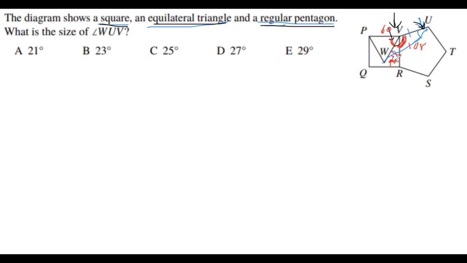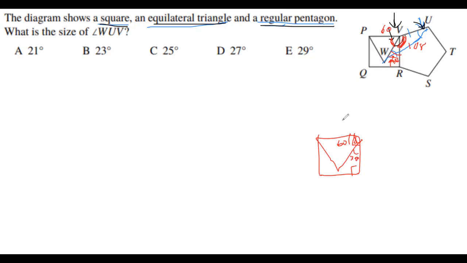This is because you take the angle of the square, PVR. We know that the square is 90 degrees in every single angle. So you just take this 90 degrees, and since the triangle accounts for 60 degrees here, the rest must be 30 degrees. So that means that WVR is 30 degrees.